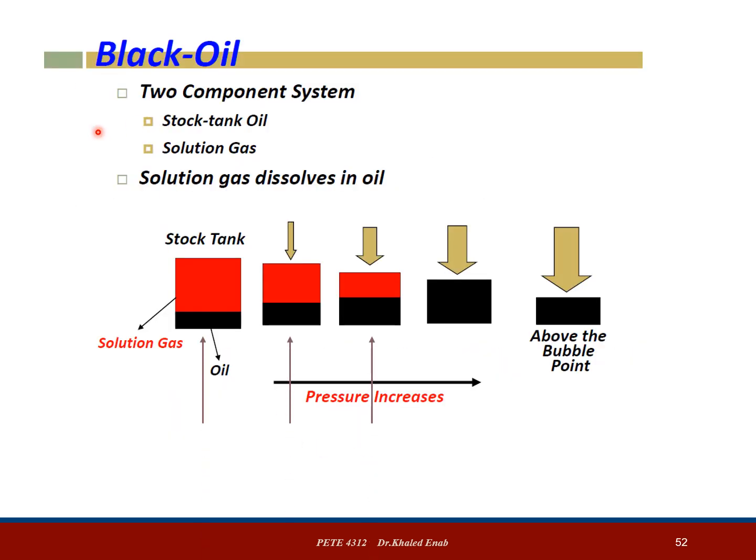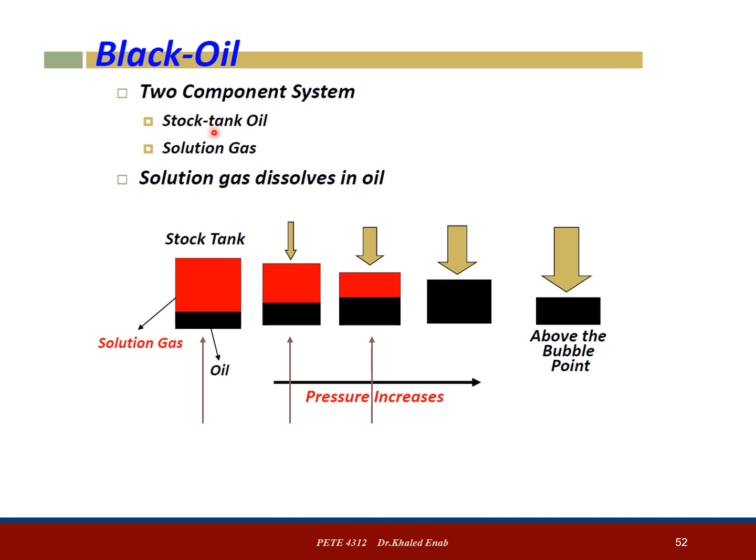Black oil. When you produce oil, or any black oil in the reservoir, in most cases it will consist of two parts. First is stock tank oil, second is solution gas. When we say stock tank, we are talking about the surface condition. So I have the oil at the reservoir condition. When I bring it to the surface, there is a separation facility.